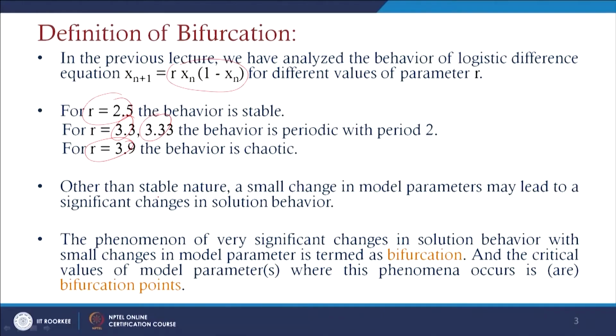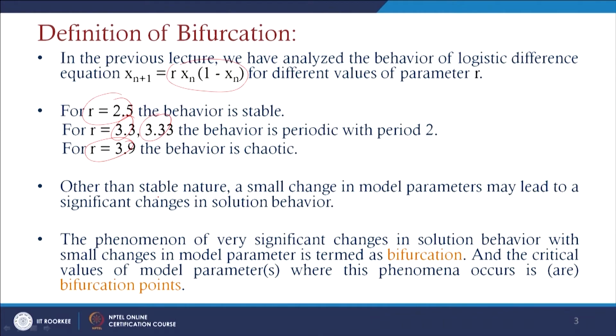So, other than this stable nature, a small change in model parameters may lead to significant changes in the solution behavior. Sometimes, to obtain a steady solution, we add some small parametric values in the solution process to accelerate it, and finally we can obtain a stable solution.